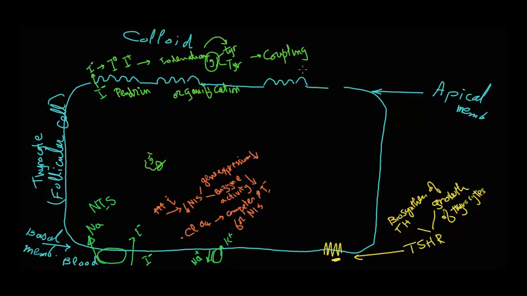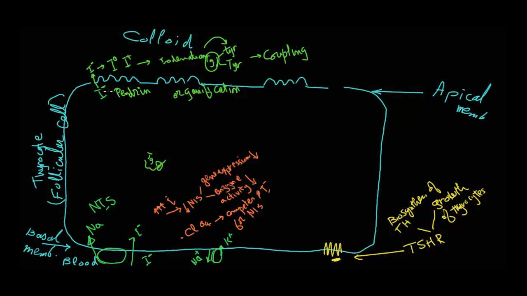And the iodothyronines which are formed are, by and large, T4 or thyroxine, and to some extent T3, triiodothyronine.